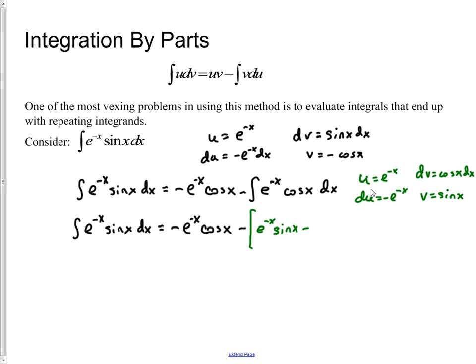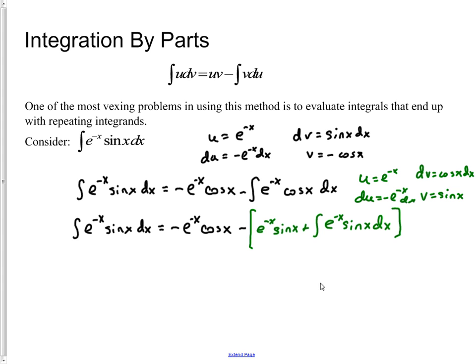It's going to be v du, so that's minus e to the negative x times sine of x. Oh, sorry, there's a dx right here. Negative e to the negative x dx times sine of x, so that's a negative. So this is going to become plus the antiderivative of e to the negative x times sine of x dx.